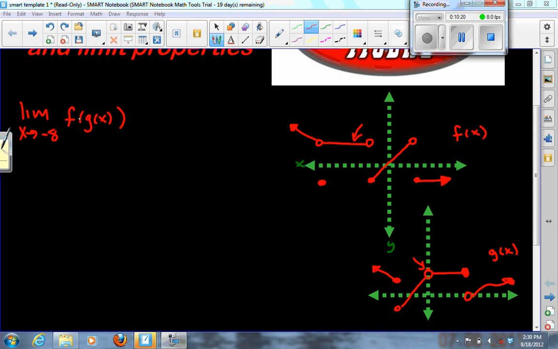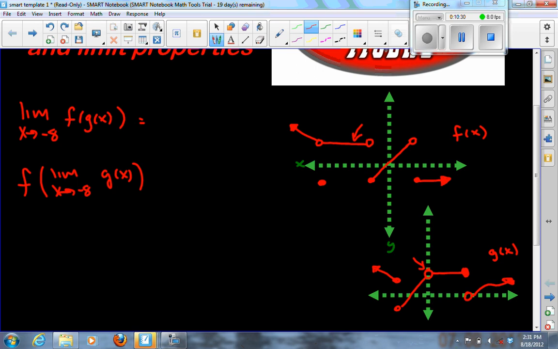So let's try this one. This is a composition, and we remember that we're going to split this up like f of the limit as x approaches -8 of g of x. So we have to figure out what's inside of here first. This is just a really small problem that we can come down to our g function, and we can try to find the limit as x approaches -8, which is going to be 1, 2, 3, 4, 5, 6, 7, somewhere around right here.